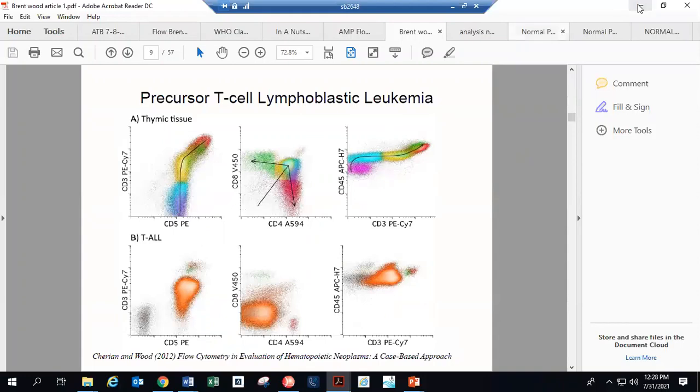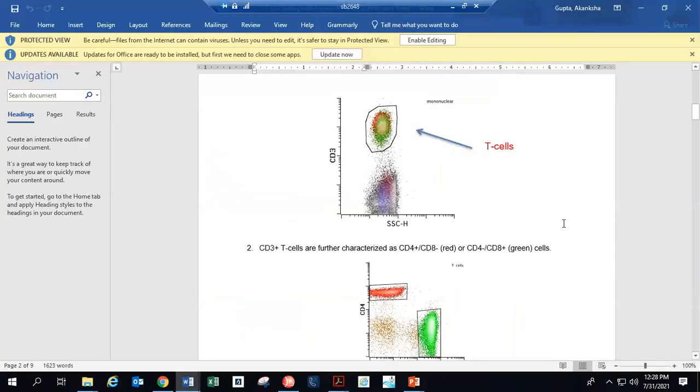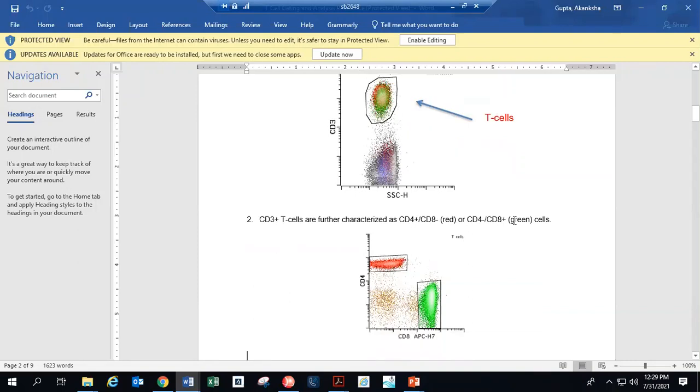So this is the normal T cell gating. For the normal T cells, you know that surface CD3 is, as I said, the more mature T cell marker. So surface CD3 is the one where we are going to gate. The double positive T cells will be the more immature ones, so the normal mature T cells will be either CD4 or CD8.